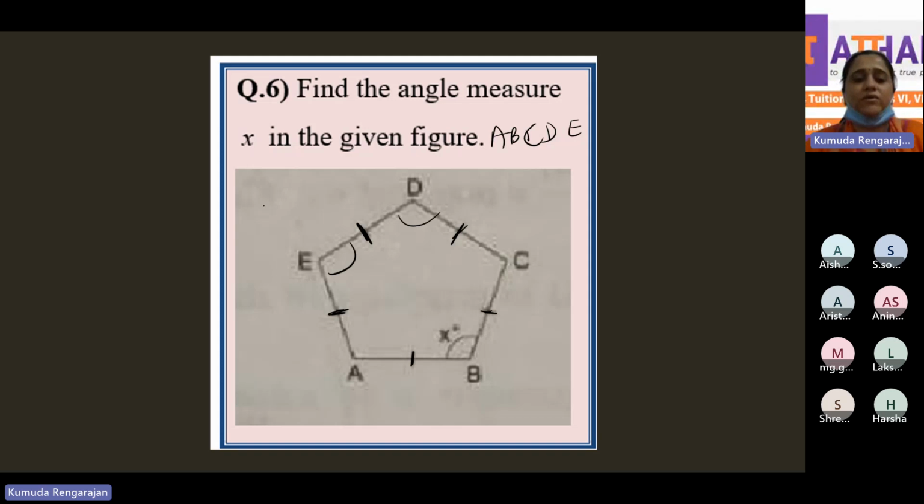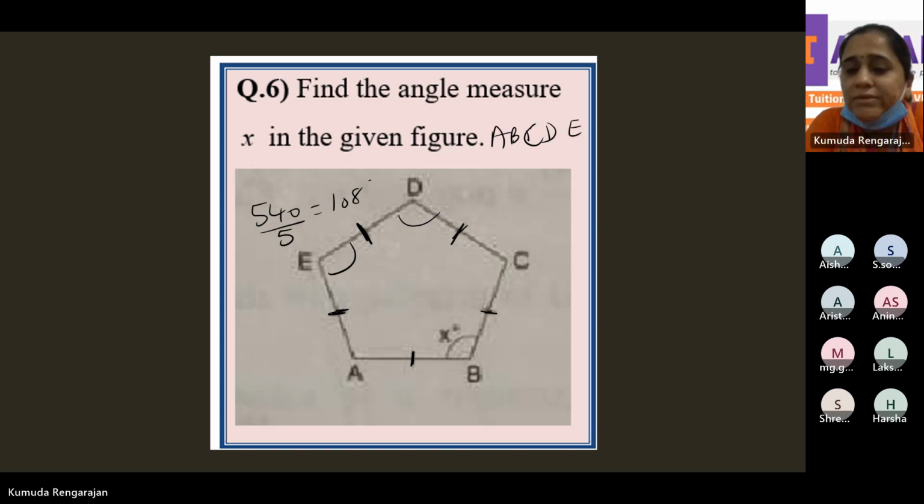So each angle will be equal to 540 by 5, which is 108 degrees. It's a regular pentagon because all the sides are equal. That means all the interior angles also will be equal. The total is 540, so each angle will be 540 by 5.